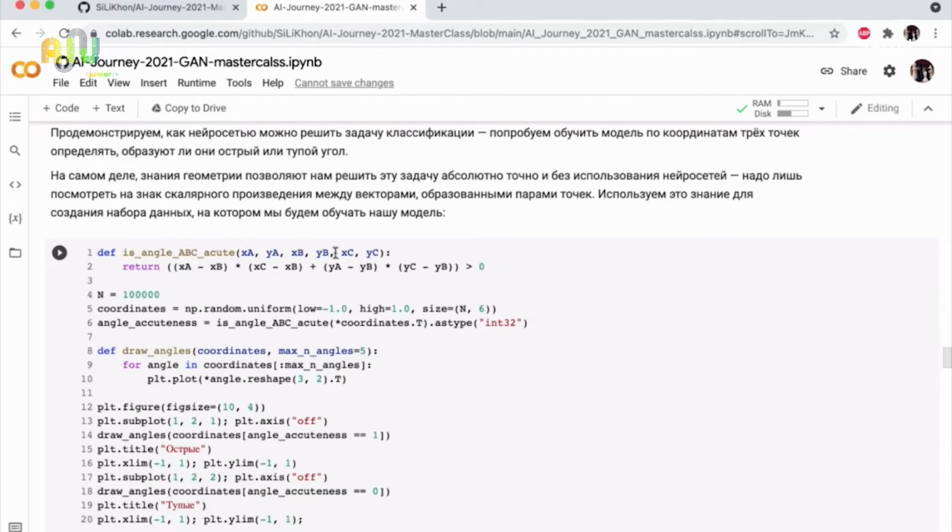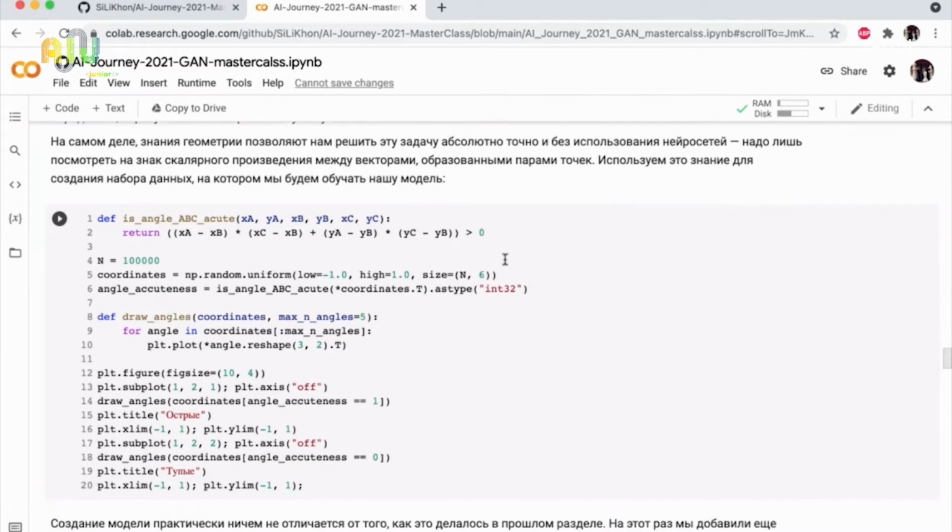So if we have coordinates of 3 dots, then we would know if it is like a sharp angle, and so here you see vector A minus vector B, and that's how it's defined.